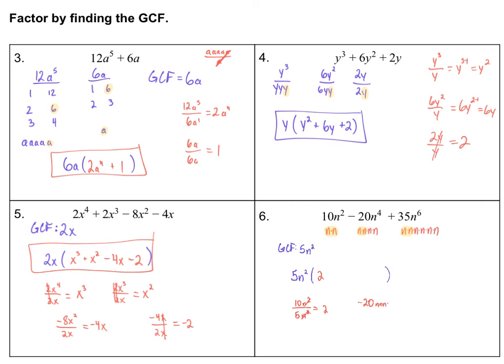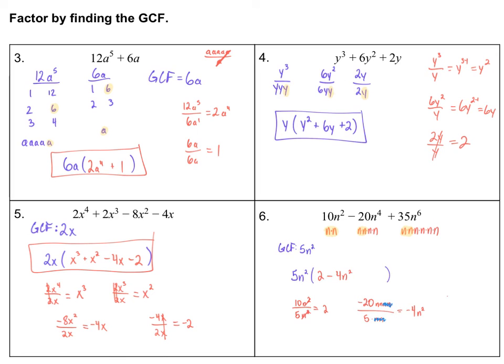I'm going to expand it out, so n times n times n times n over 5n squared. So 2 n's on top cancel with 2 n's on bottom. Negative 20 divided by 5 is negative 4 with the n times n left over, so negative 4n squared.